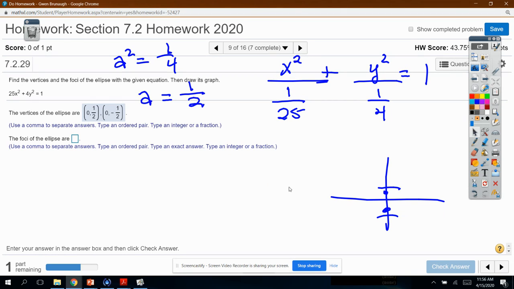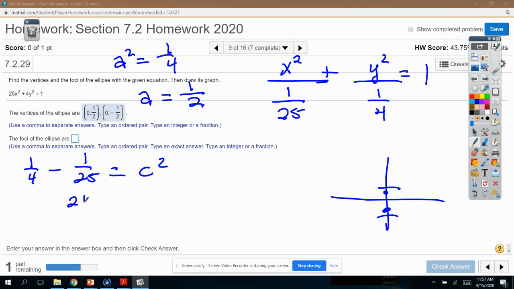Okay. The foci then, this is horrible, comes from a squared minus b squared equals c squared. So we're going to take 1/4 minus 1 over 25 equals c squared. 1/4, enter, minus 1 over 25, enter, and then hit math 1 in your calculator. And you get 21 over 100 for c squared.